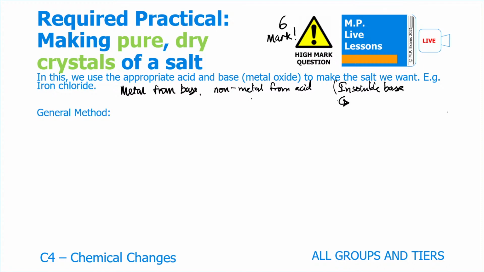This can be either an oxide or carbonate, and you'll see why. So for example, the iron is the metal, so iron oxide will be our base. And the non-metal from the acid is chlorine, so chloride, so Cl, that has a 1 minus charge, and that comes from hydrochloric acid.